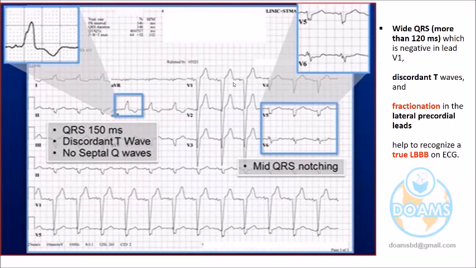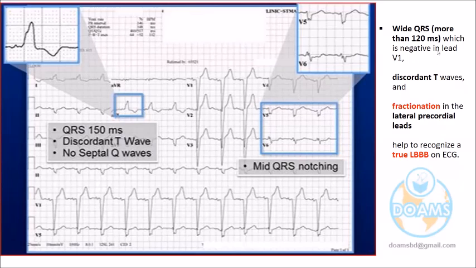So if it is not in V1, or in aVR, look at aVR, it is wide and upright. So we have to compare the left lead with the right lead. Then we can identify. So wide QRS which is negative in lead 1. In lead 1, the wide QRS is showing negative. Sorry, the picture is not very visible, so look at the description.